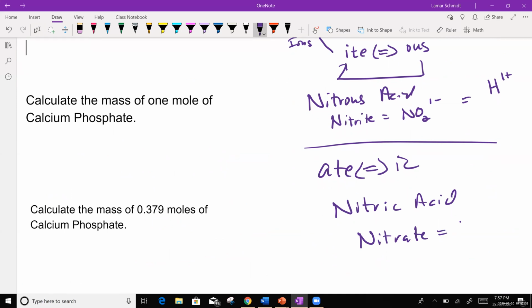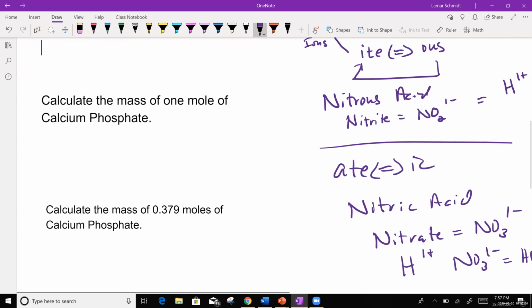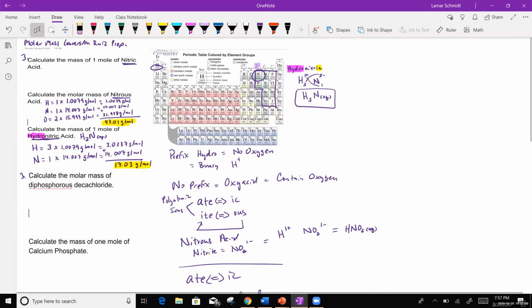And that is NO3, 1 minus. Remember, all acids have hydrogen, 1 plus, nitrate, 1 minus, and we get HNO3, aqueous. All right. So we'll go back up here and calculate that. And I wish I wouldn't have messed up on the order, but it happens.